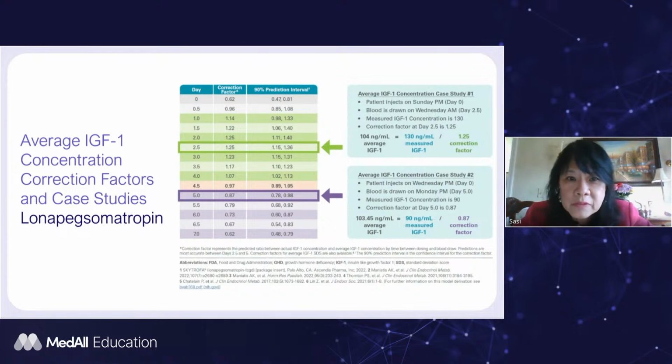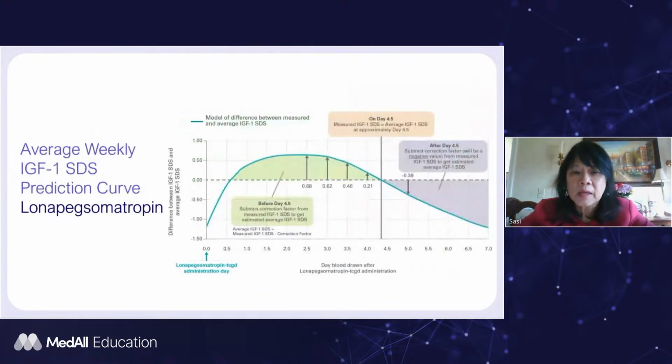So for example, if you draw IGF-1 on day 2.5 and the level is 130, then you divide by the correction factor of 1.25, and the average IGF-1 is 104. Similarly, if you check IGF-1 on day 5 and the level is 90, you divide by 0.87, then you get corrected IGF-1, or average IGF-1, at 103.